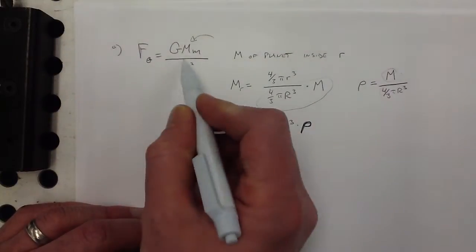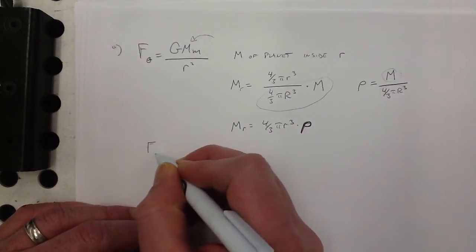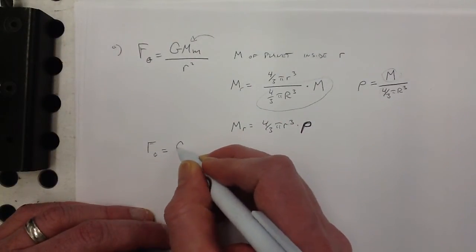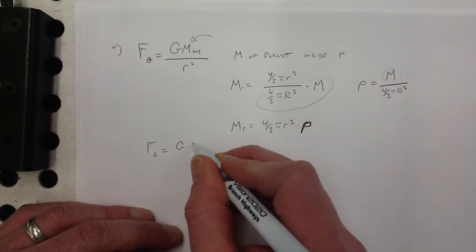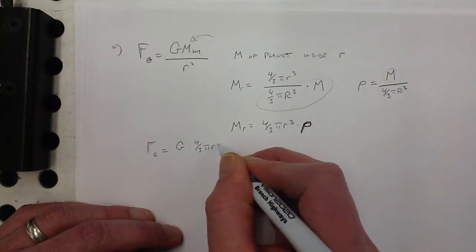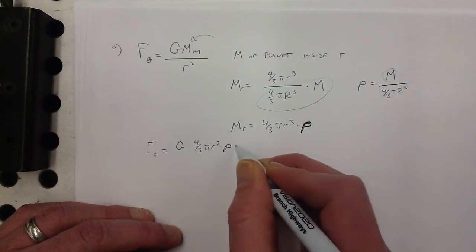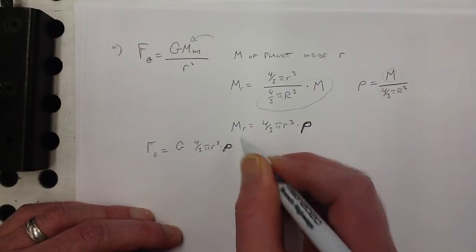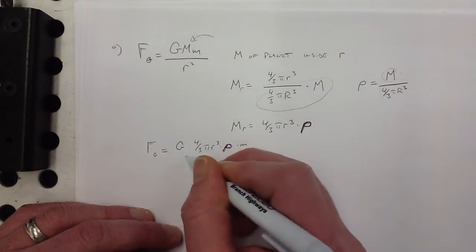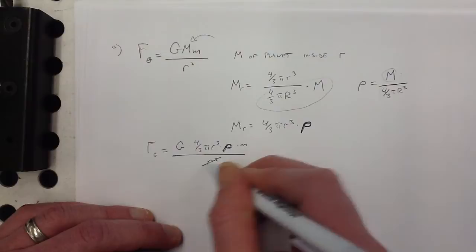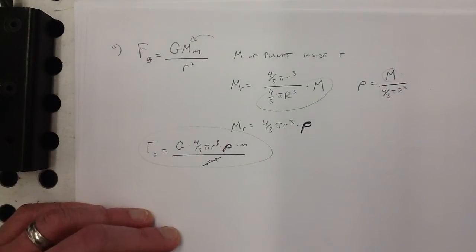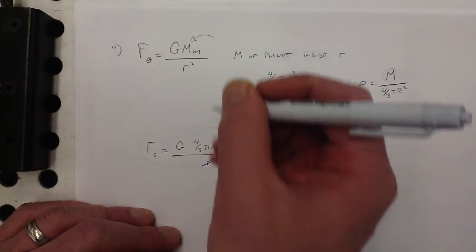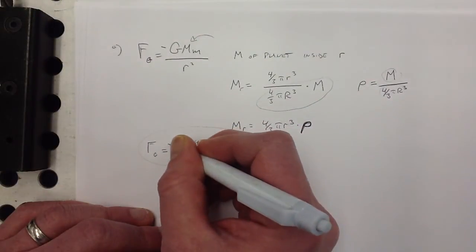Okay, so now rewriting this equation, gravitational force is equal to G, our capital M, that's this, 4/3 π r cubed ρ, times small m all over r squared, and that is the expression that they want. And the only thing is that we just want to have a negative sign here, right?